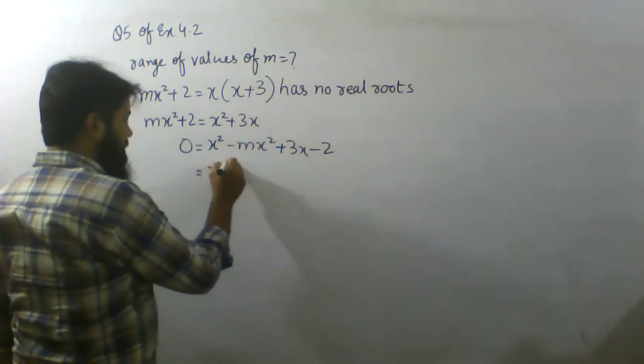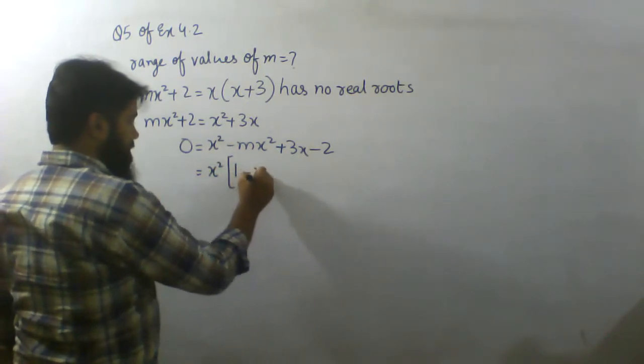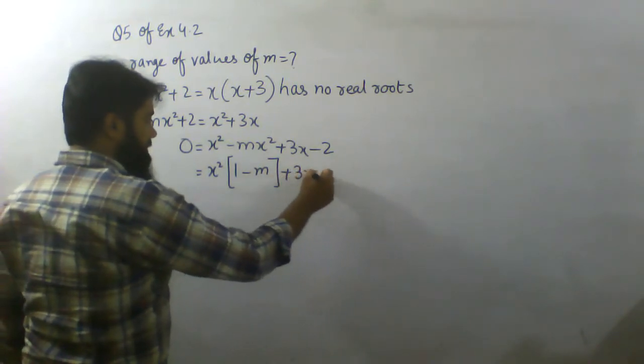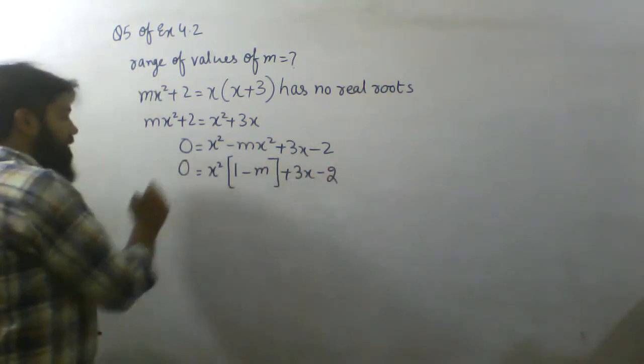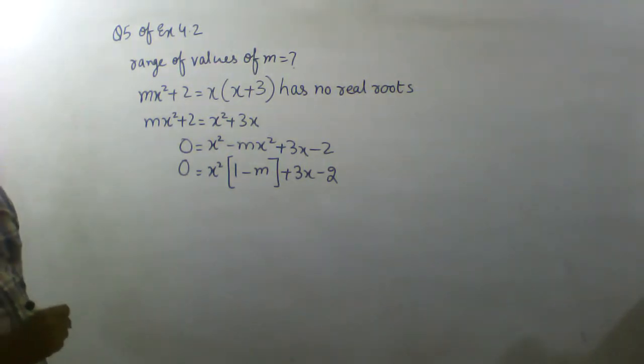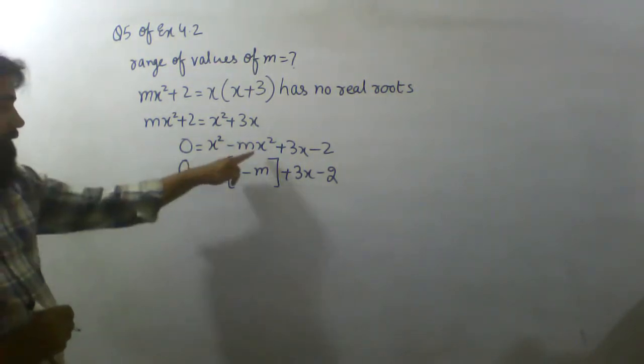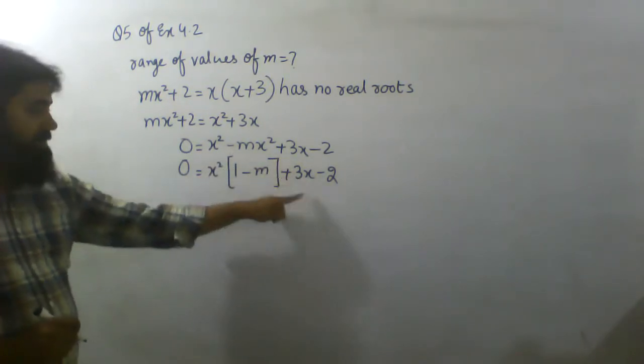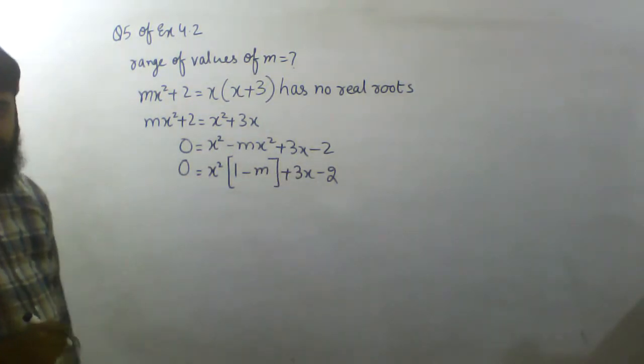Taking x square common, (1 minus m) x square plus 3x minus 2 equals to 0. In the x square term, I have taken x square common. X term and constant are written as they are.